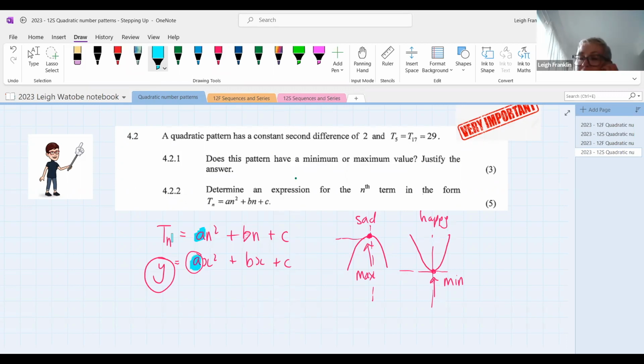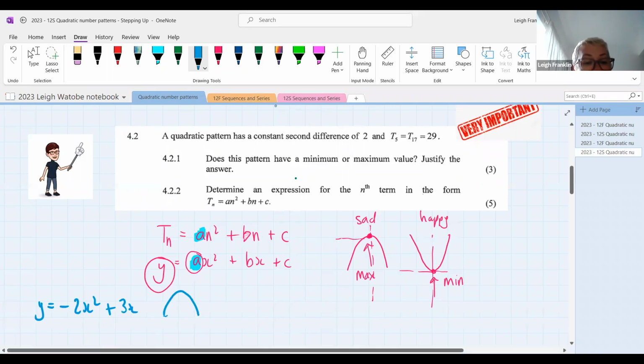So if there is a negative in front of the x squared, I'm going to make up an example here. If we've got y equals negative 2x squared plus 3x, then this particular pattern is going to have a sad face because of this negative 2 over here.